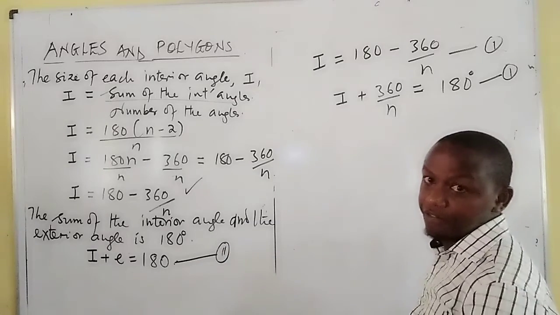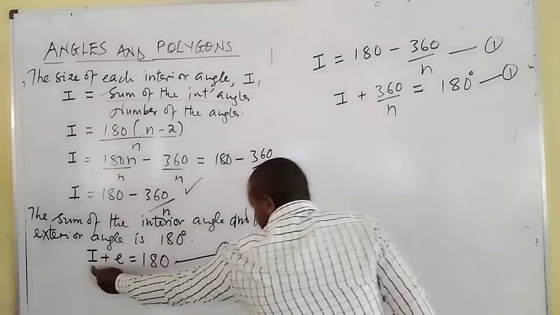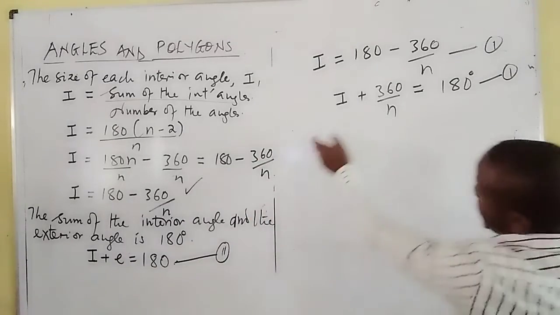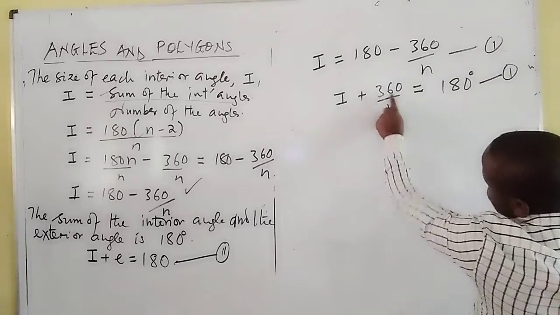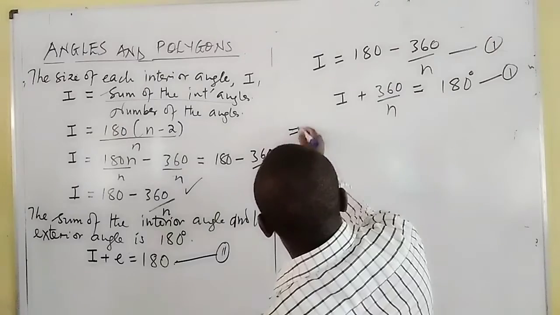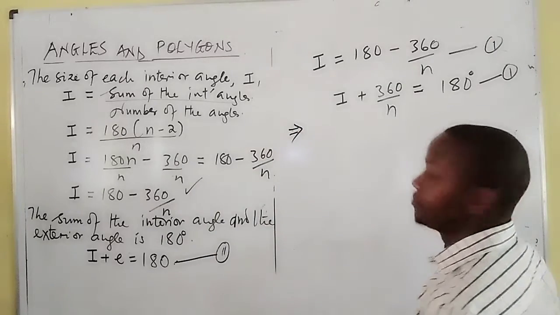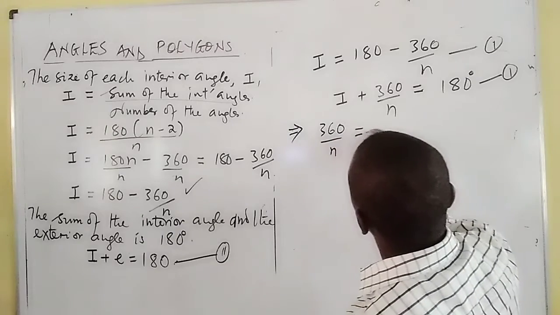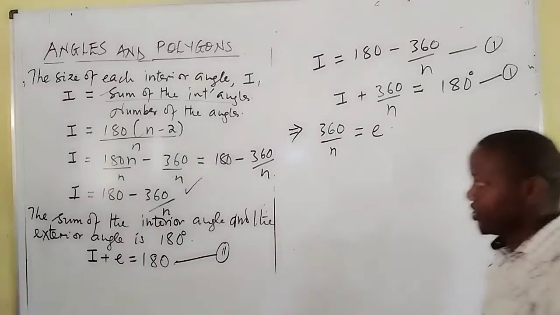So if interior angle plus the exterior angle is equal to 180, and again we are saying interior angle plus 360 over n is equal to 180, then this implies that 360 all over n should give us the size of an exterior angle.